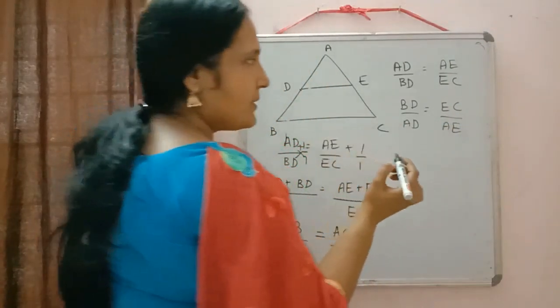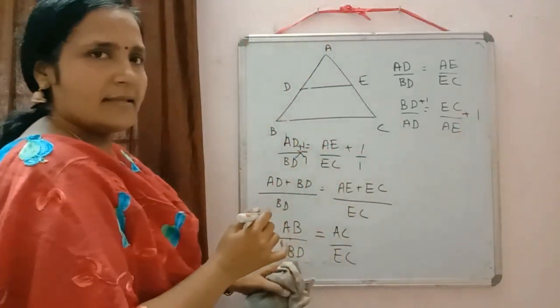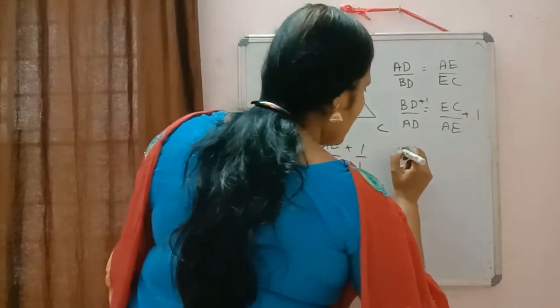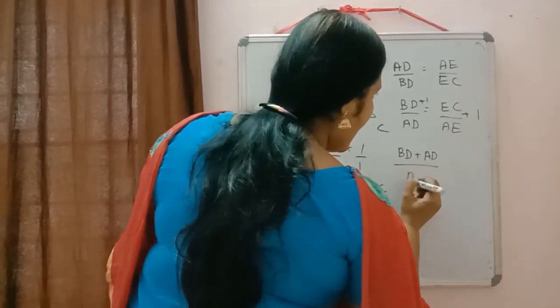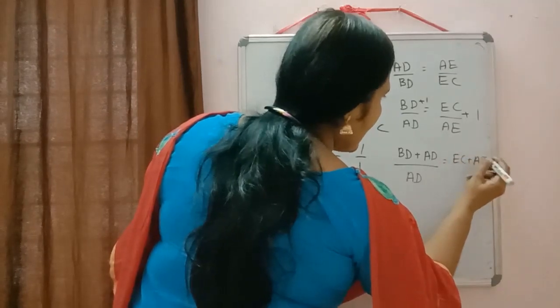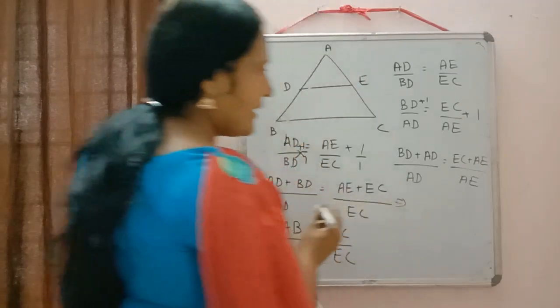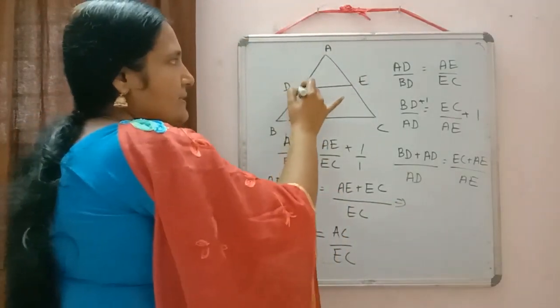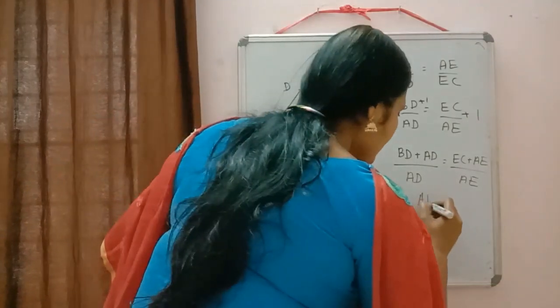And as we did in the previous one, adding 1 on both the sides, we will get (BD plus AD) by AD equal to (EC plus AE) by AE. If you check the diagram, BD plus AD will be equal to AB.